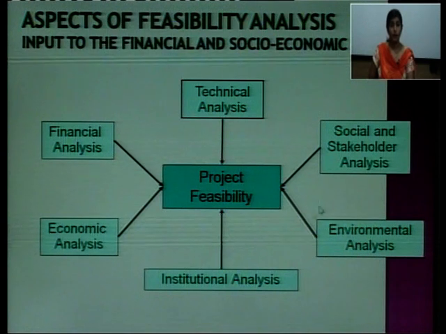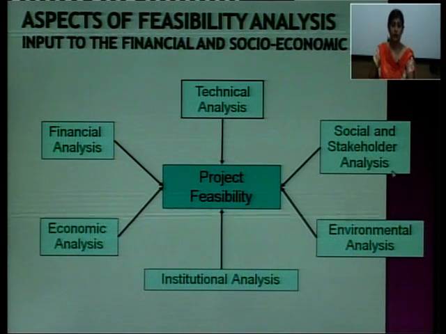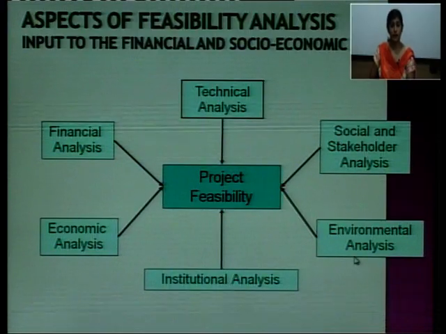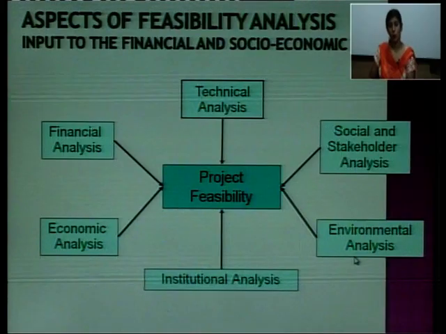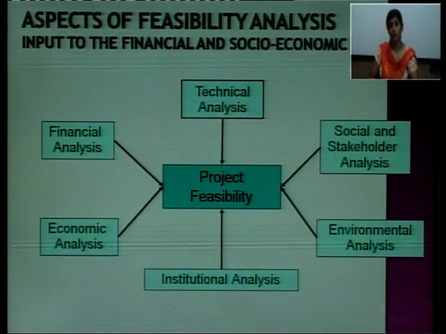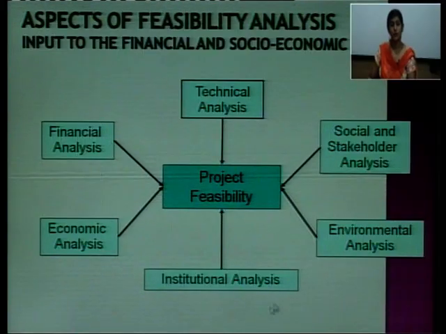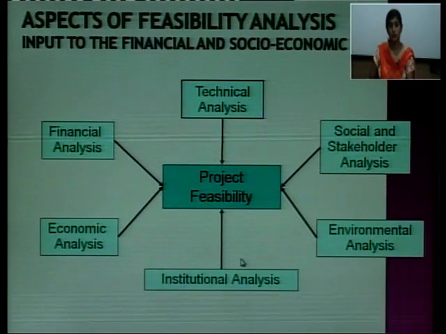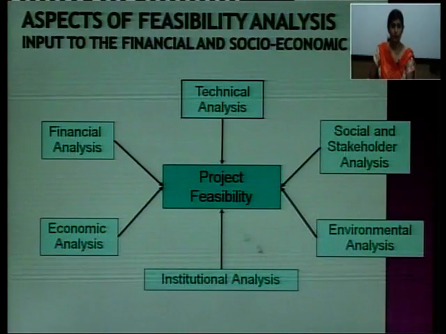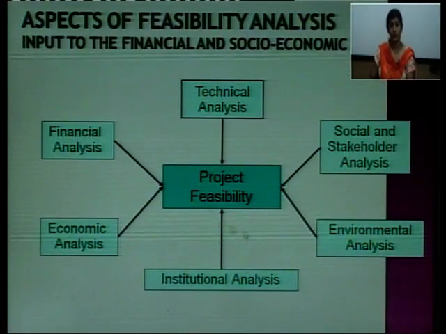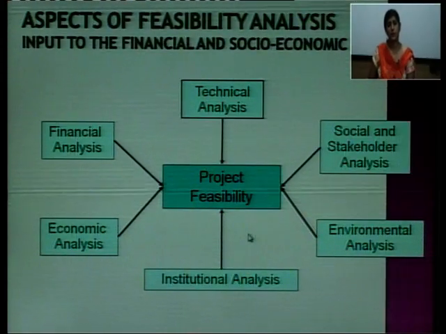Social and stakeholder analysis means the product you are developing must be accepted by all. Next is environment analysis: what is in the market, what do they want, and is the project feasible for that environment or not. And the institutional analysis means on which basis you have created your project.